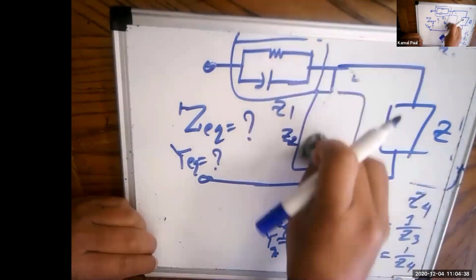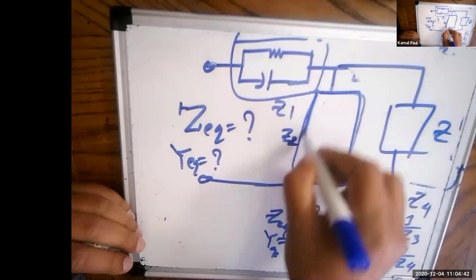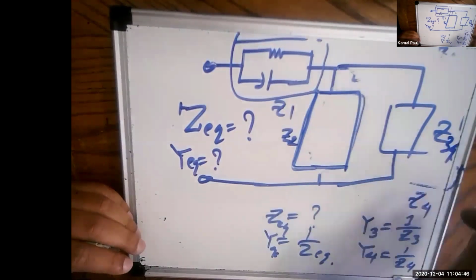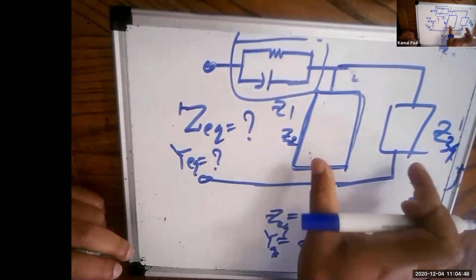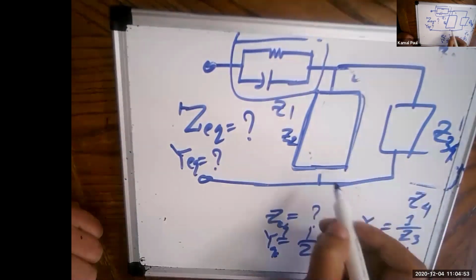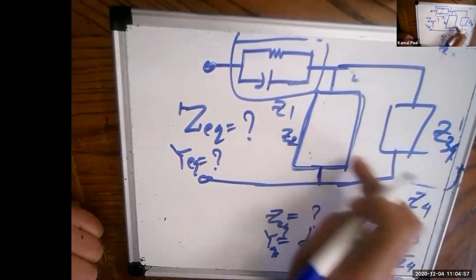Now add this branch into some G2 value. Now this G is, say for example, 3, 4. So G3, 4 and G2 are in series or parallel? These two are in parallel.